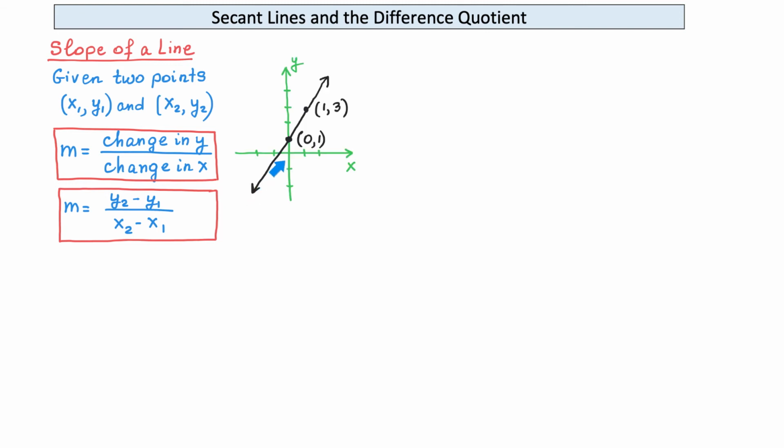Here we have a line and 2 points that belong to this line, and we can find the slope of this line using these 2 points and this formula, or we can find the slope by using the graph. We will start with one of the points, let's say this one, and we will move 2 units up, and this is going to be change in y, and 1 unit to the right, and this will be change in x. Then the slope is 2 over 1, or just 2.